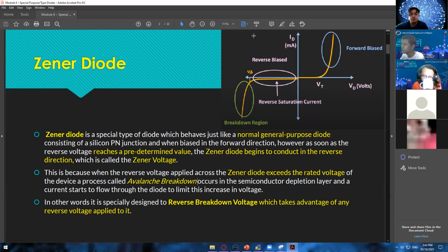If you take a look at this graph, this is the graph of a normal diode. But once you have reached this rated voltage in reverse bias, it will start to conduct, which is called the breakdown region or the avalanche breakdown.